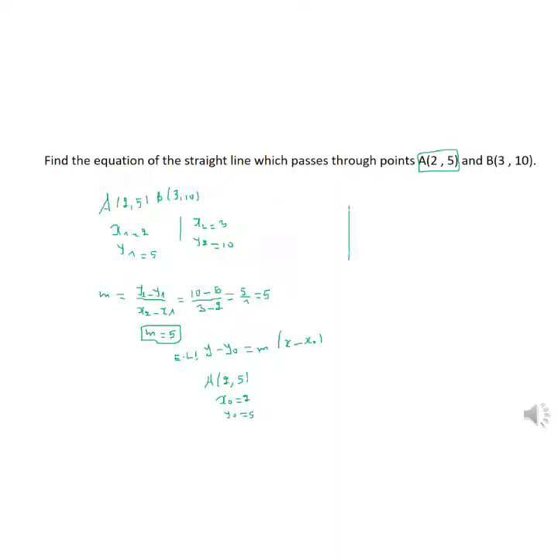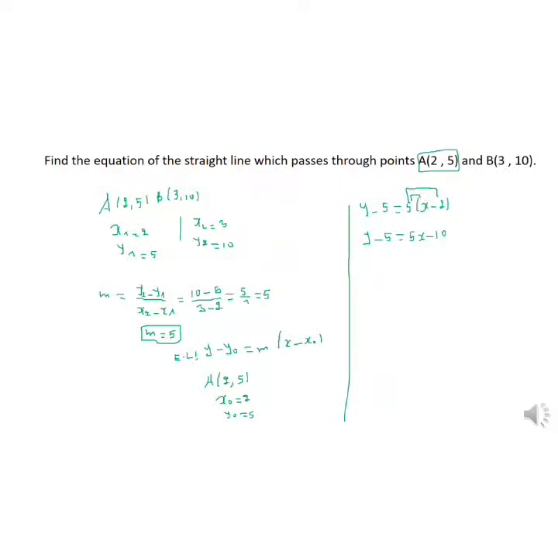So now you can find the equation of the line. y minus y0 is equal to m, which is 5, bracket x minus 2. Removing the bracket, we get y minus 5 is equal to 5 times x, we get 5x, and 5 times 2 we get minus 10.